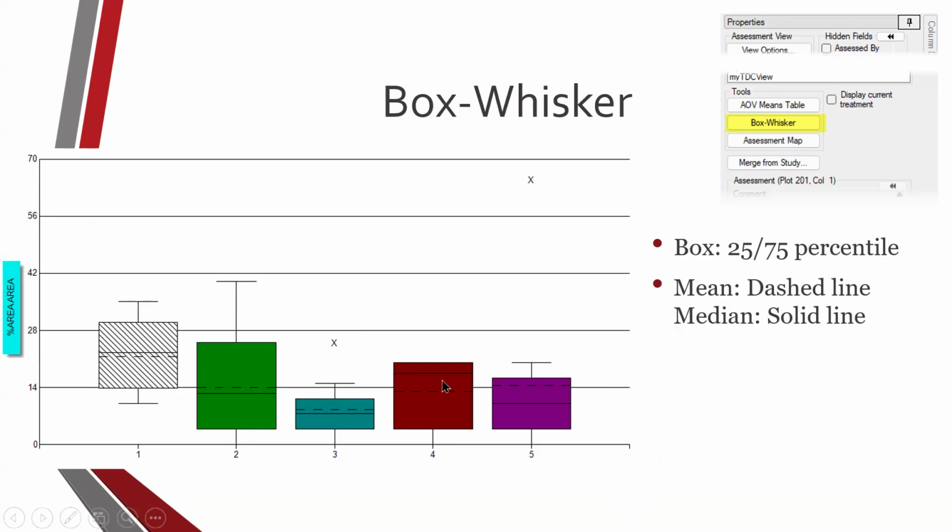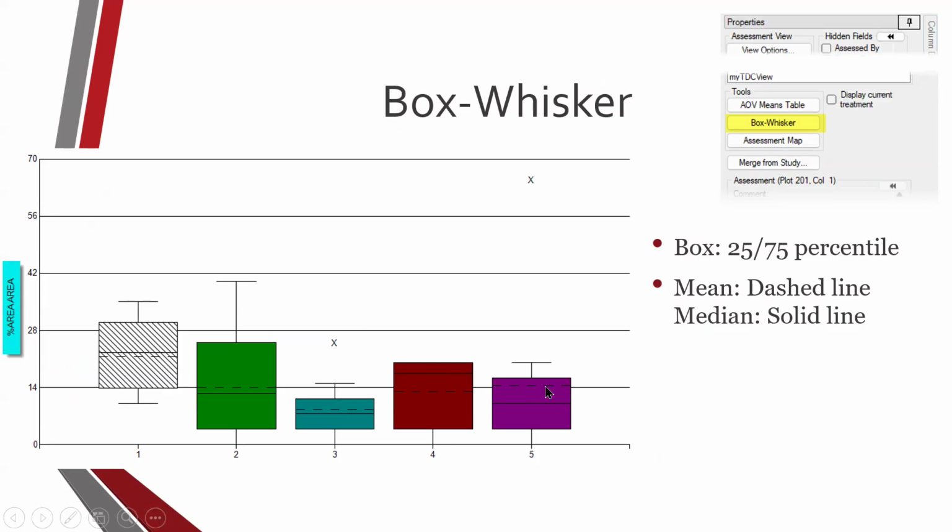So for example, this treatment 4, the mean is quite a bit lower than the median. So sometimes you call that the median is the waist. So you have a high waist in some regards on that box, which means there must be some low value in that treatment that's really pulling down the distribution, pulling down that mean.